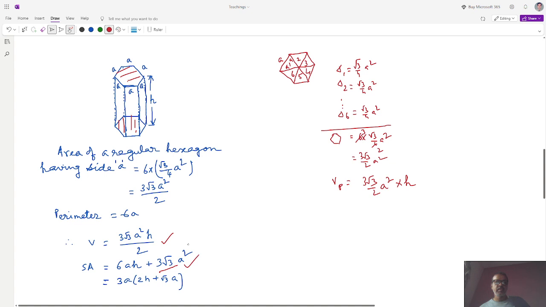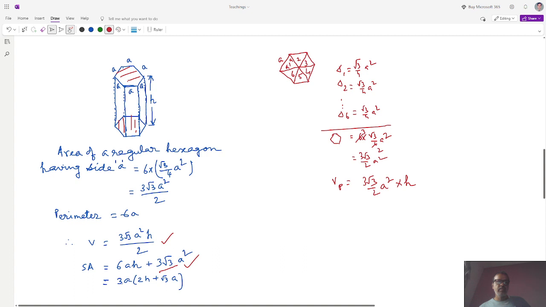And for the 6 walls, if we observe, these are rectangles. The height is the length and a is the width of this rectangle. There are 6 rectangles, each with area a into h, so the 6 rectangular areas will be 6ah.